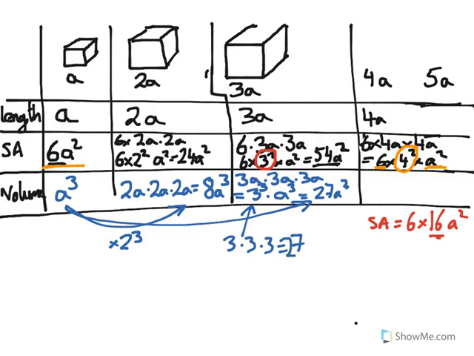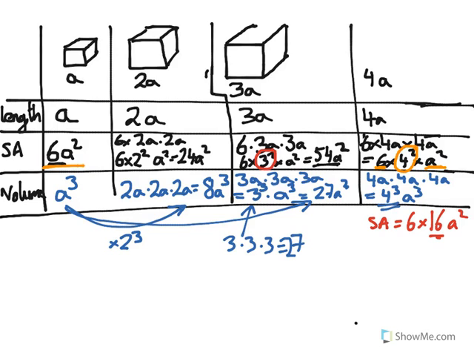What about the volume then? And I can see we're not going to have enough space for this, so we just remove it. What about the volume? Well, the volume is going to be each of the lengths multiplied by each other. Length 4A multiplied by breadth 4A multiplied by height 4A. So we're going to get 4 cubed times A cubed.